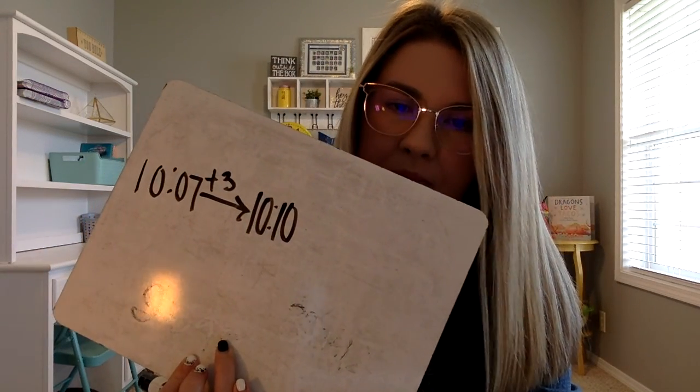I'm going to go ahead and do a jump of 3, because I want to get to a nice number, which would be 10:10. Okay, and I know I need to get to 3:26. So I am now going to do some hour jumps.